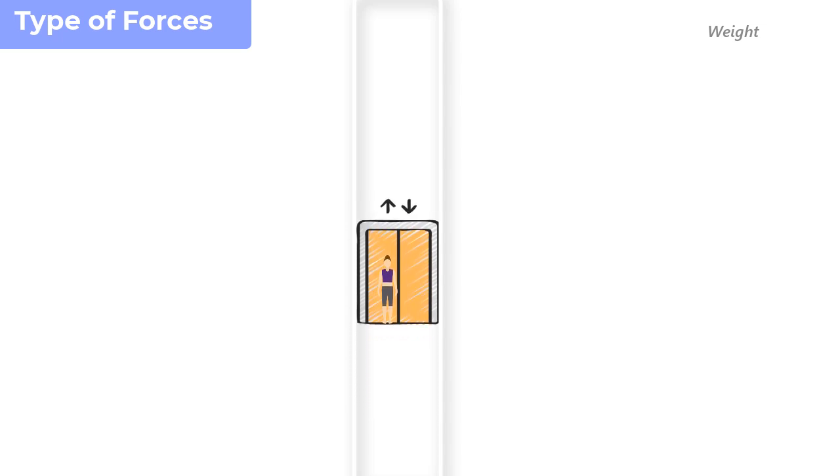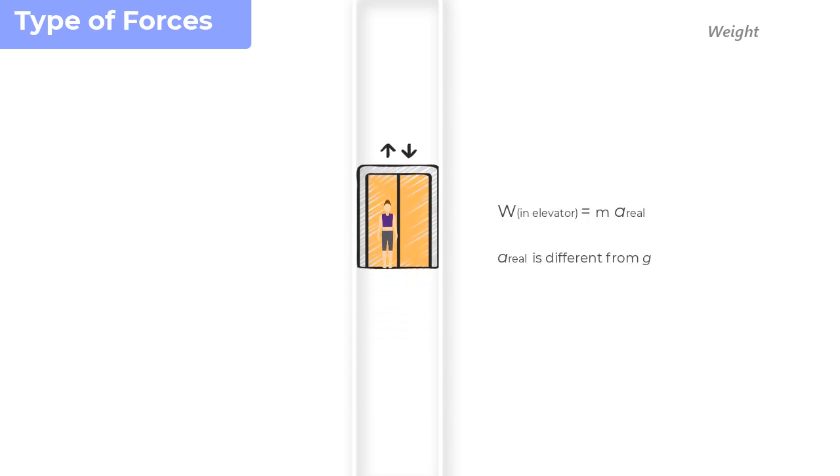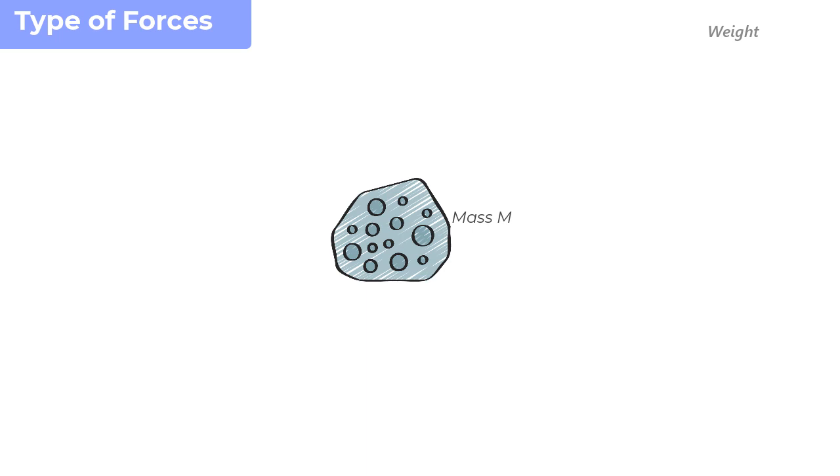So when you multiply this real acceleration with your mass, you might feel lighter or heavier. So again, you end up having an apparent weight different from your real weight that we assume to be simply mg. And we learn more about our weight in elevators in a separate lesson.